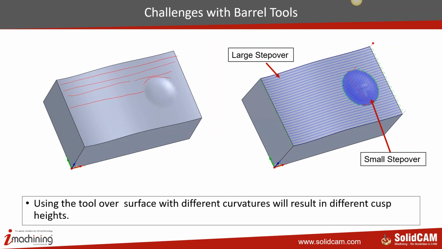However, the moment you get a situation where you have a different curvature in this region than the region here, you need to generate a much smaller side step than what you're going to use in this region here. So again, software is not yet geared up to handle this situation. We are still working, there's still research going on. This is again one of the challenges with barrel tools, which has not been addressed till now.